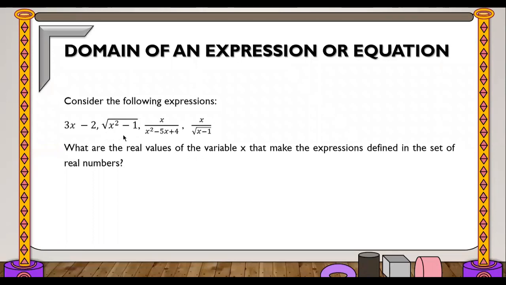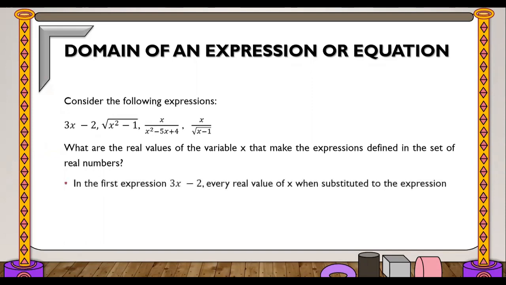So, isa-isahin natin, meron kasi tayong 4 na expression dito. Isa-isahin natin kung ano yung tinatawag nating the real values of the variable x. Okay, let's start with the first expression, 3x minus 2.